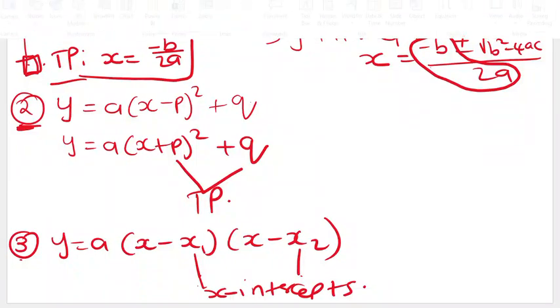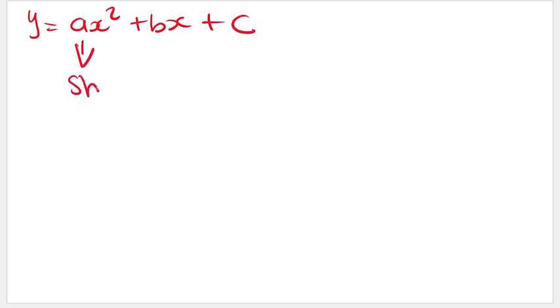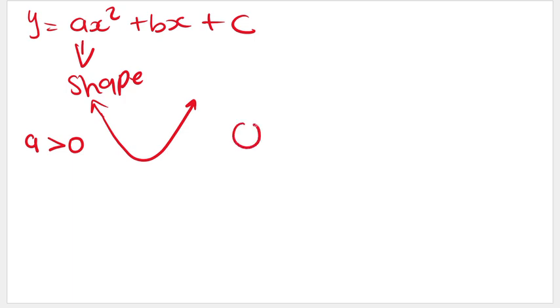Now, I've already talked about the shape, but I'm going to talk about it again. With the shape, if we have y equal to ax squared plus bx plus c, a tells us the shape of the graph. If a is a positive number, our graph will look up. This is what we call a smiling face.